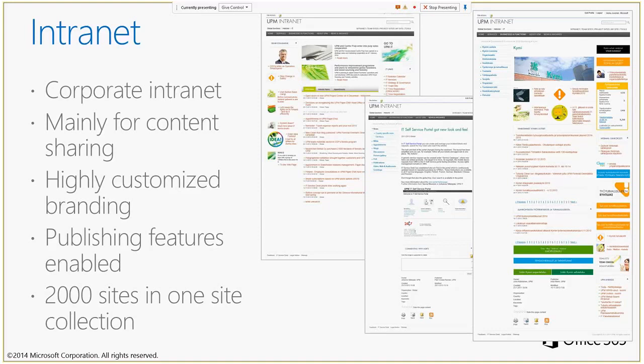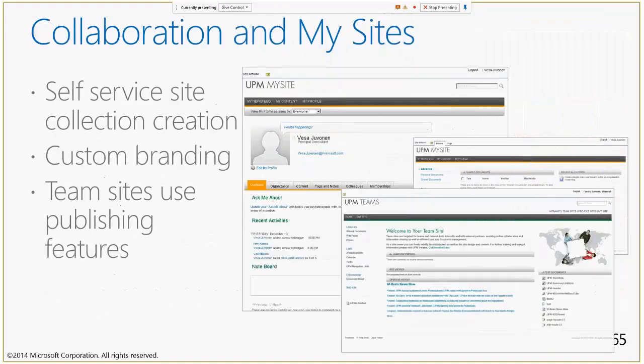The other thing they also had was collaboration and My Sites. It's pretty typical stuff. Every single customer who uses SharePoint wants collaboration and My Sites. But these were also highly customized from a branding perspective, and there were quite a lot of other customizations in the sites. One of the bad customizations was the fact that the team sites were using publishing features by default.